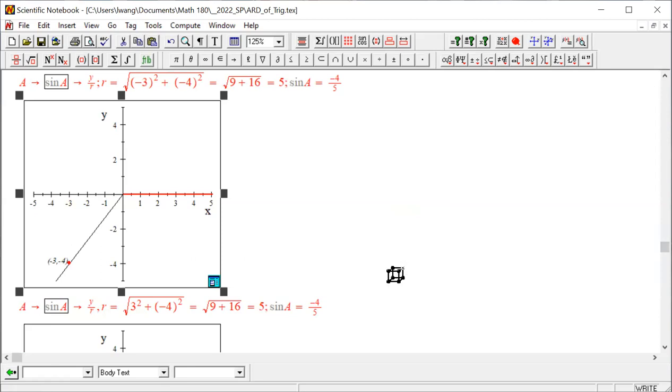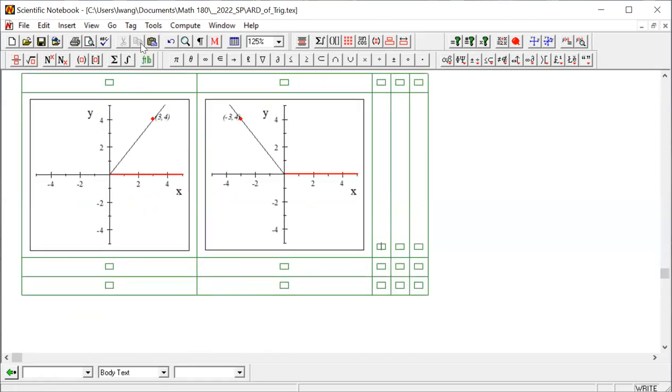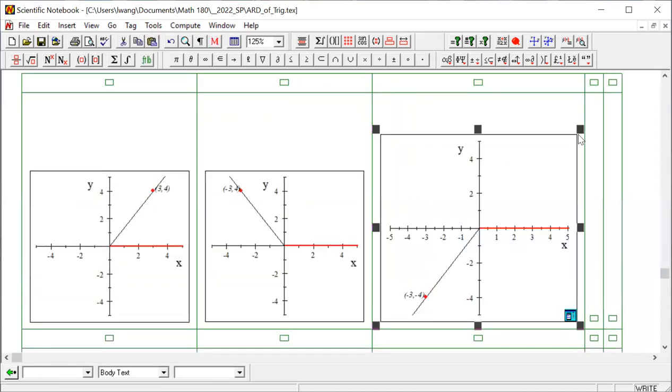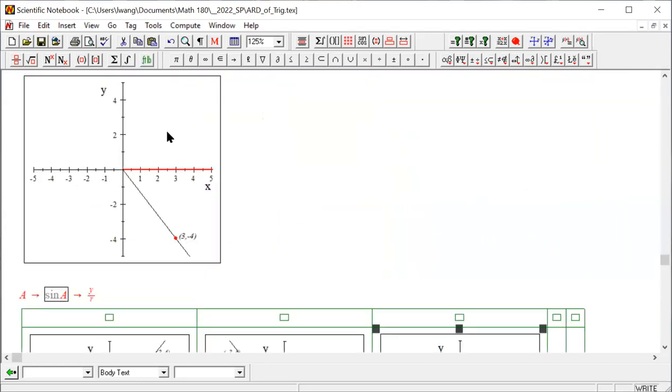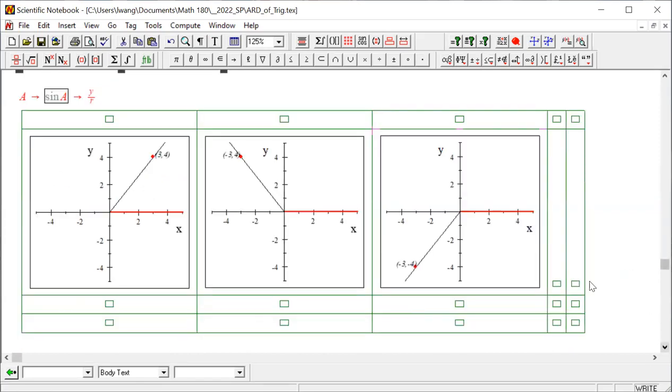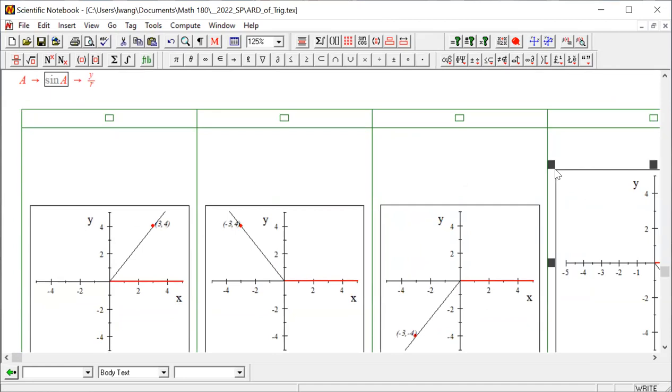Third quadrant. And fourth quadrant, last one. Different angles, certainly. They're all different angles.